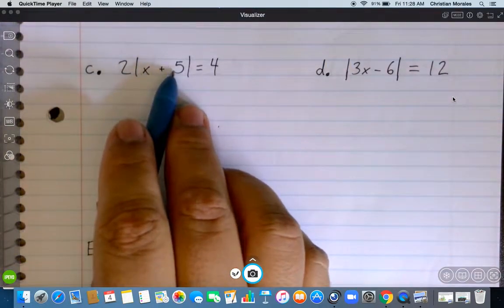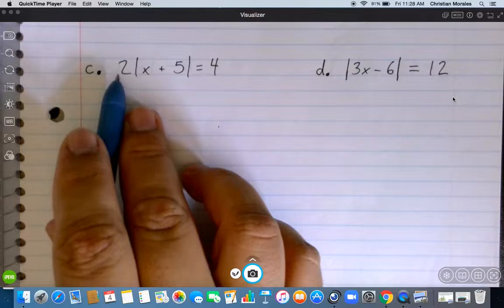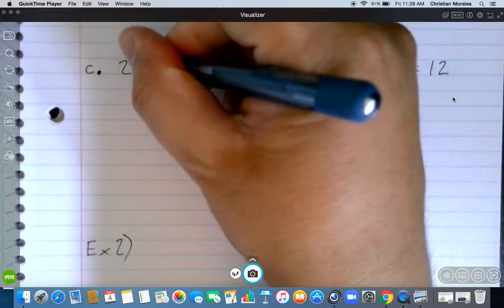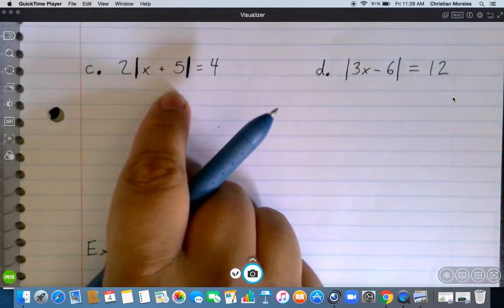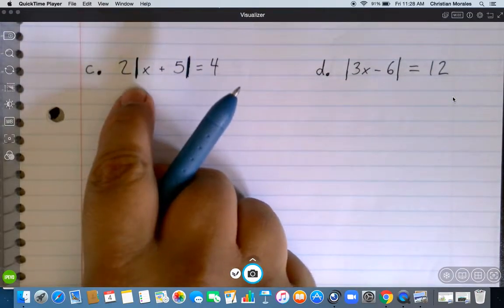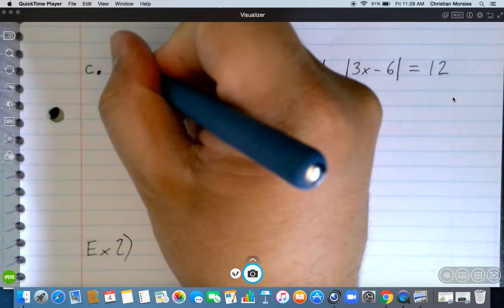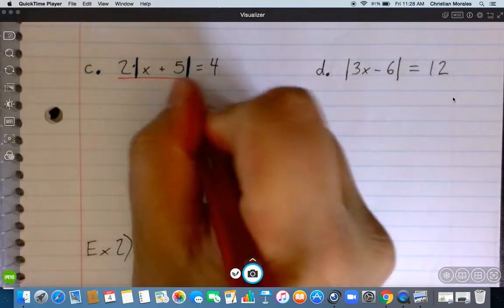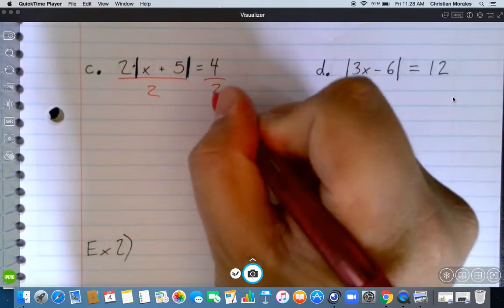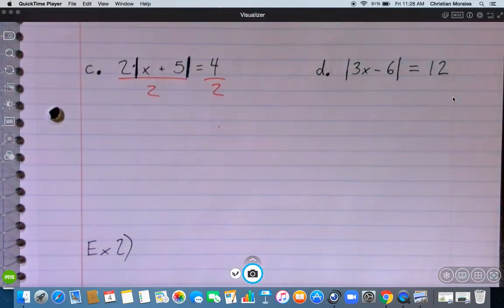So you have to get rid of this 5, and this 2. The problem is, because the 5 is inside the absolute value, you can't get rid of the 5 yet. So you have to get rid of the 2. What is this 2 doing? It's multiplying. So to get rid of it, inverse operations, we divide both sides by 2.